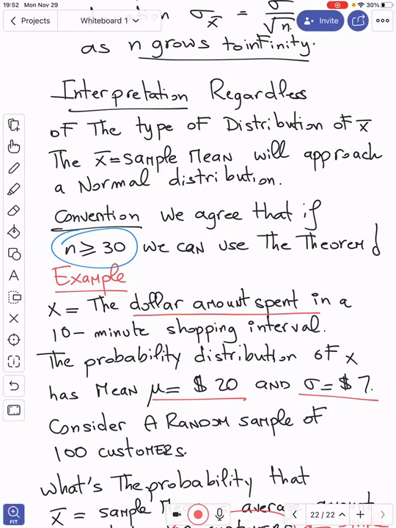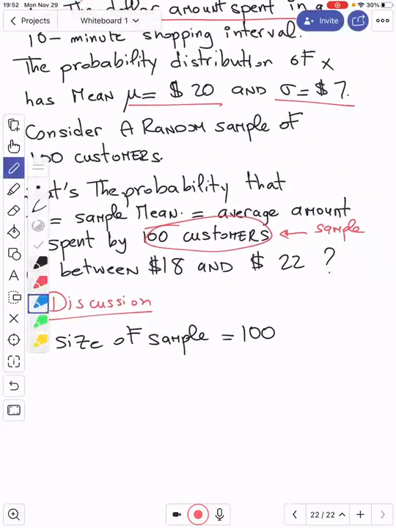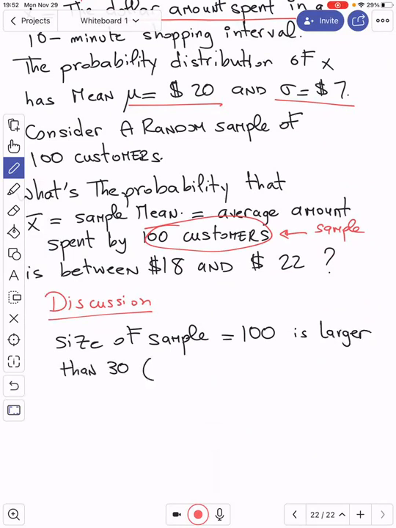So 100 is, of course, larger than 30, which is our convention. So we can use our theorem.